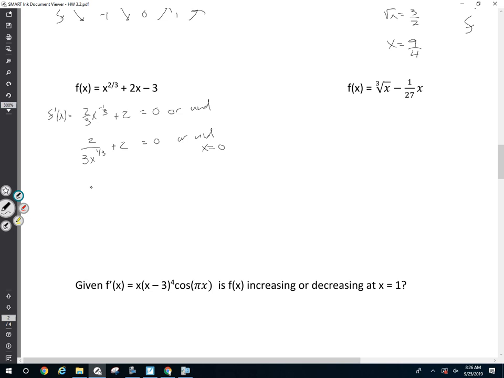I'll solve the other situation. Subtract 2. You can flip, do whatever you want to solve this. Multiply by 2. Divide by 3.